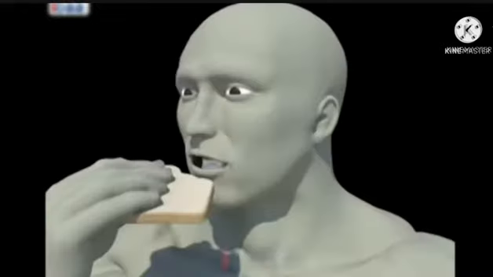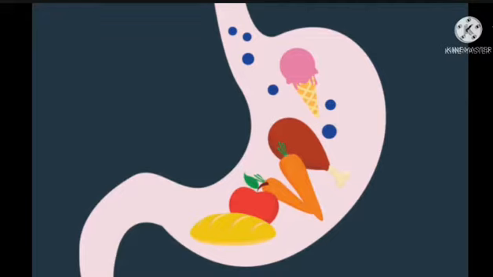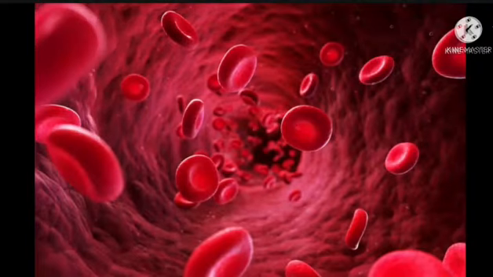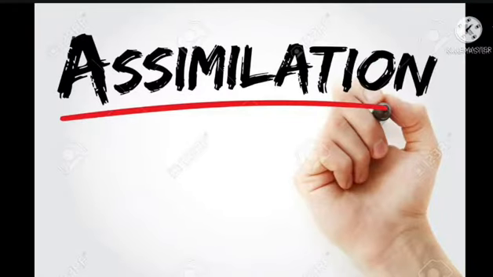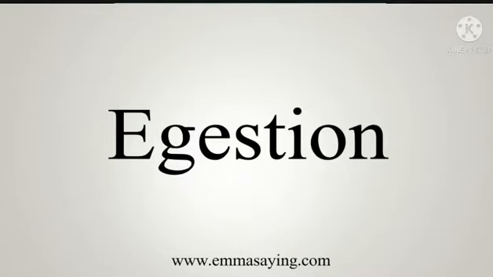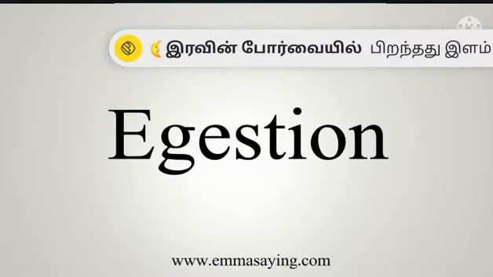Let me see the digestive system. The process of digestion involves intake of food, called ingestion; breakdown of food into micromolecules, called digestion; absorption of these molecules into the bloodstream, called absorption; the absorbed substances becoming components of cells, called assimilation; and elimination of undigested substances, called egestion.